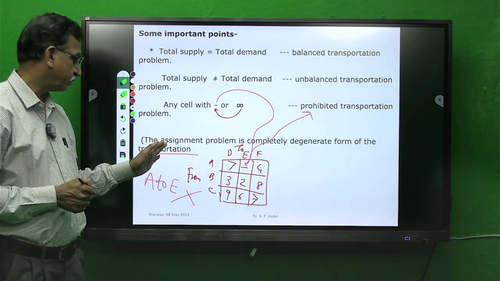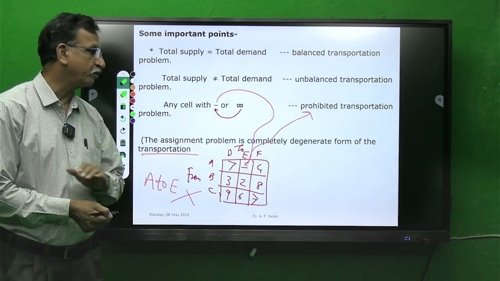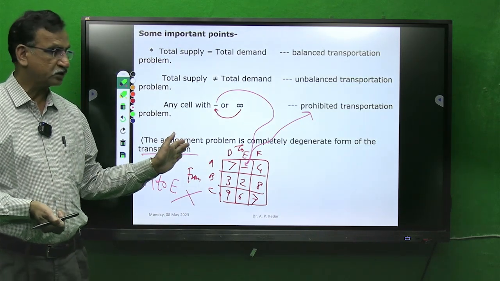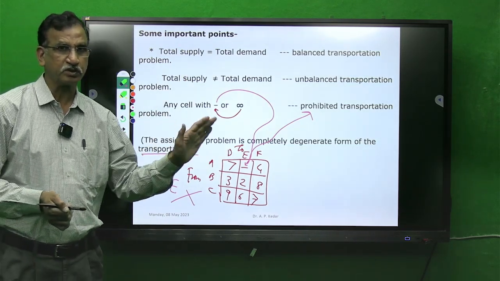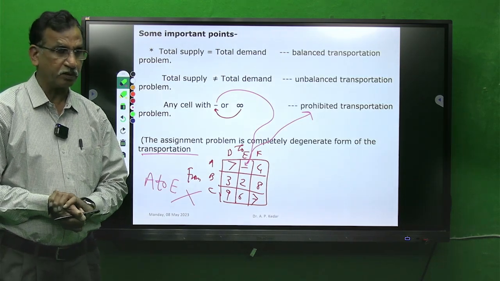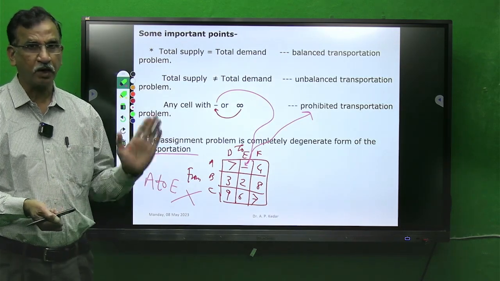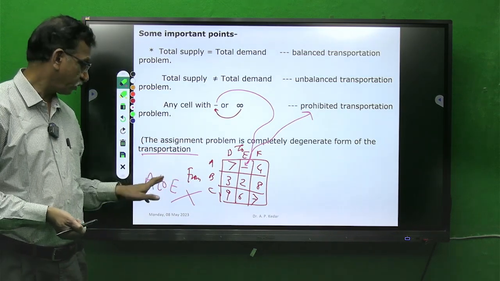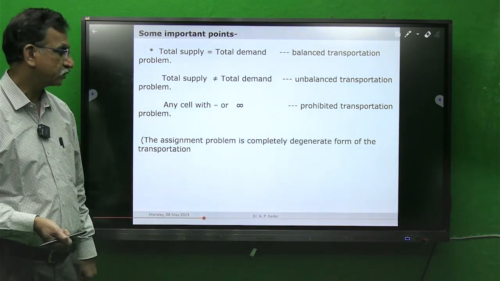Now I will explain this concept when I switch over to directly finding solution to the assignment problem, and how it differs from the conventional transportation problem.